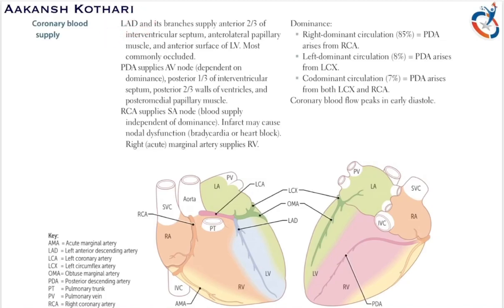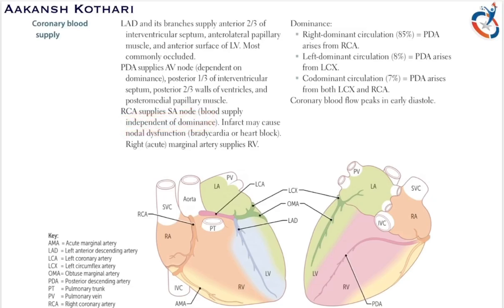Okay. Now let's talk about the right coronary artery, which supplies the sinoatrial node. The right coronary artery supplies the sinoatrial node, but since it is not dependent on the dominance like the posterior descending artery, it is independent of dominance.